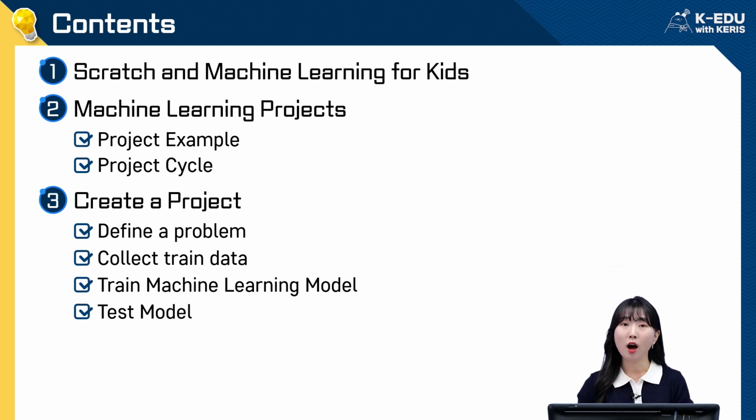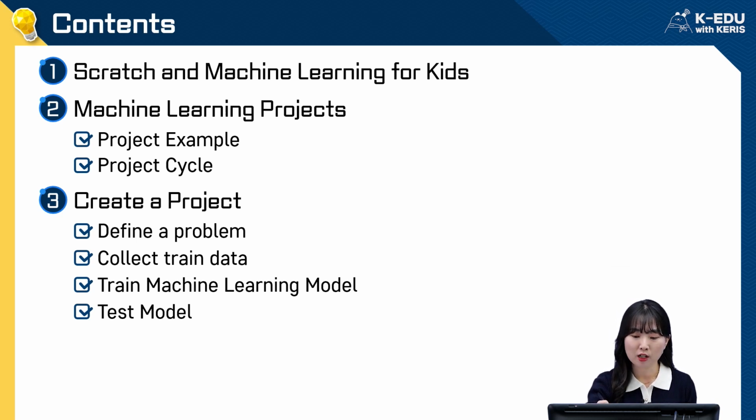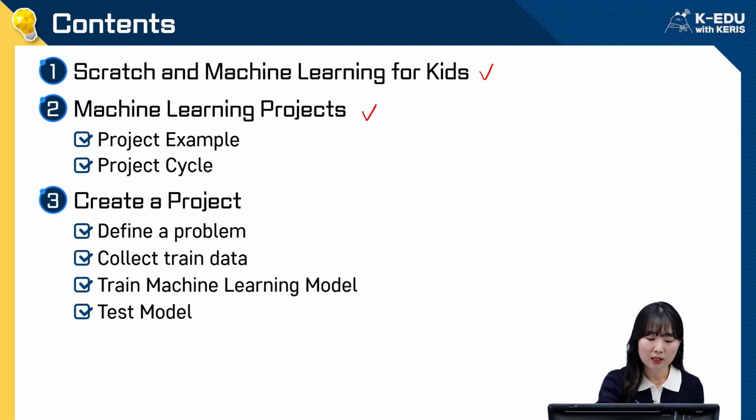In this video, I will introduce how to create and use machine learning models with ML4Kids and Scratch. And this is the table of contents. First, we will take a look at what Scratch and Machine Learning for Kids are. And second, we will take a look at the machine learning project cycle, and there are some examples in the project cycle.